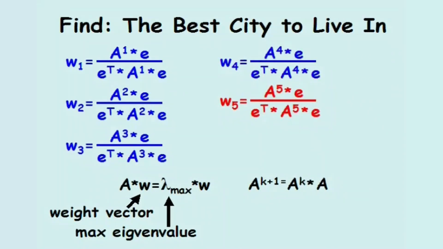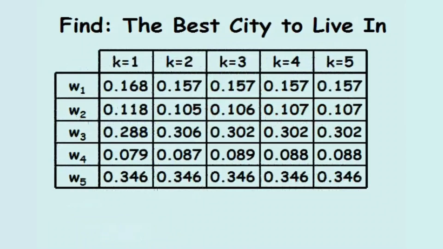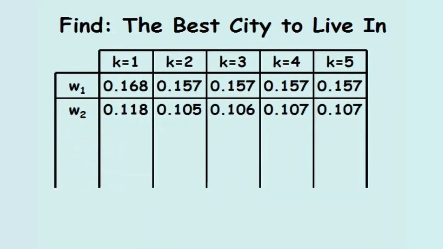For this matrix A, it took 5 iterations for the weight vector to converge. The variable K also serves as an iteration counter.